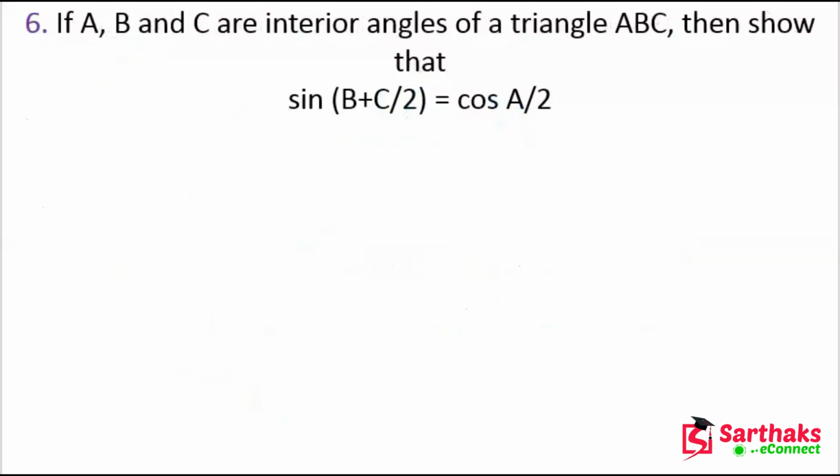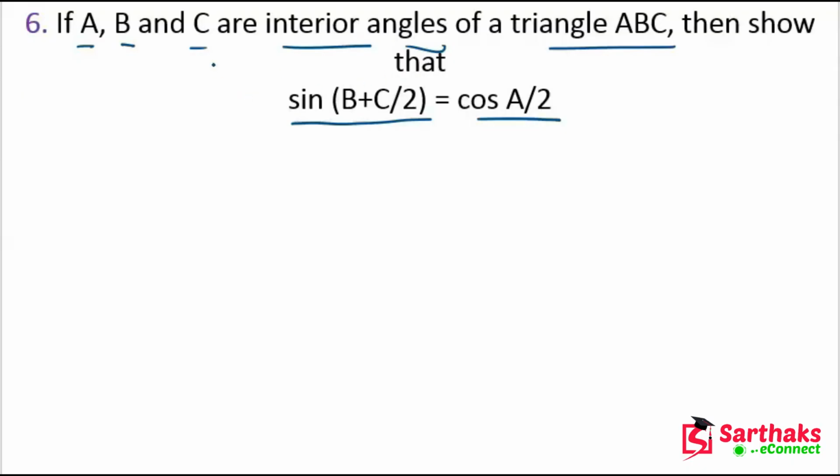The next question is: if A, B and C are interior angles of a triangle ABC, then show that sin of (B plus C) divided by 2 is equal to cos of A upon 2. Now we have to prove this.